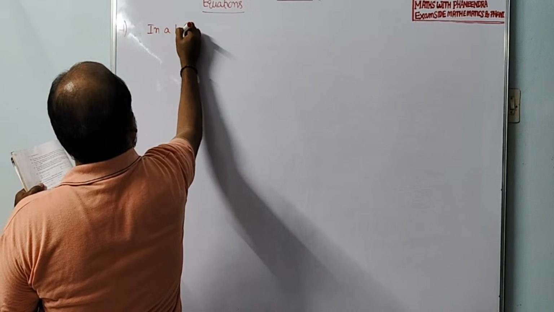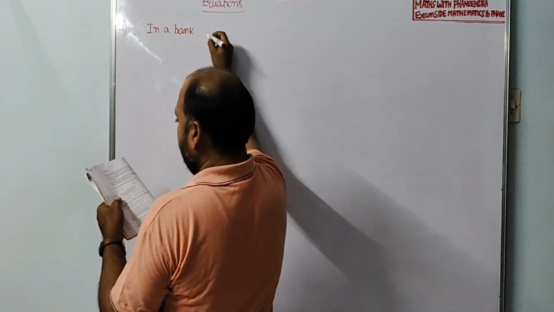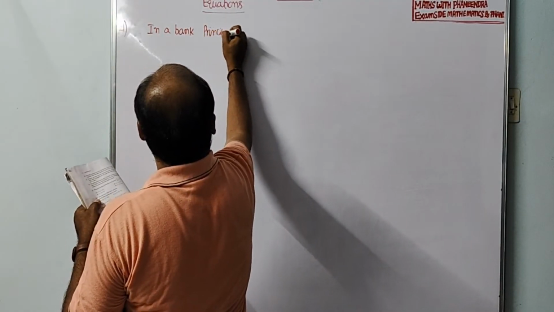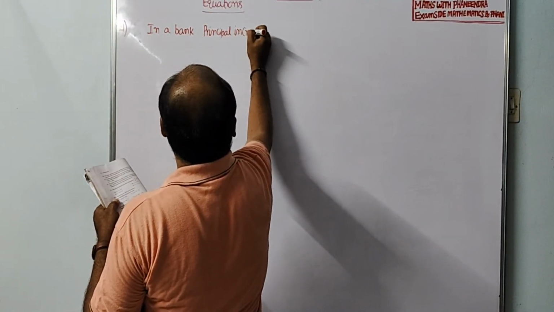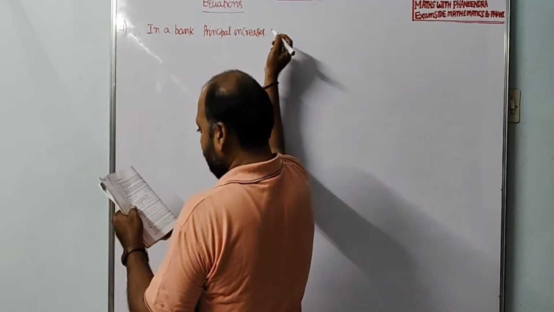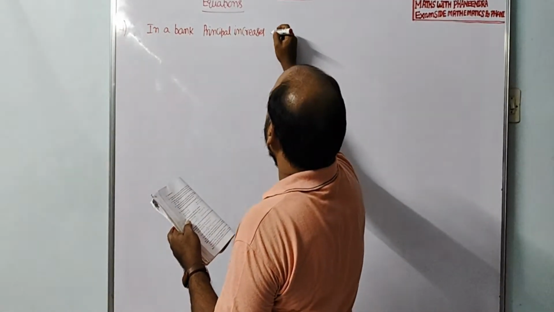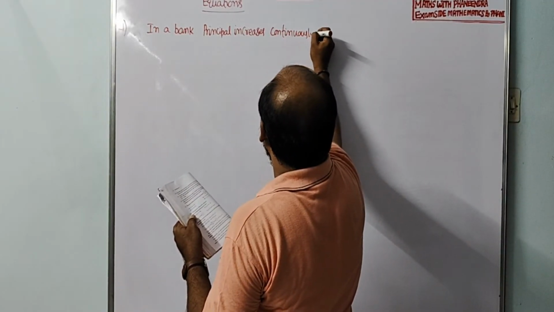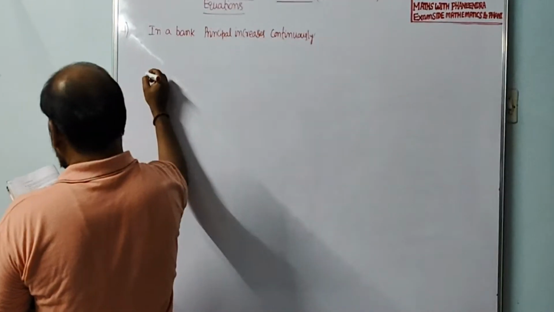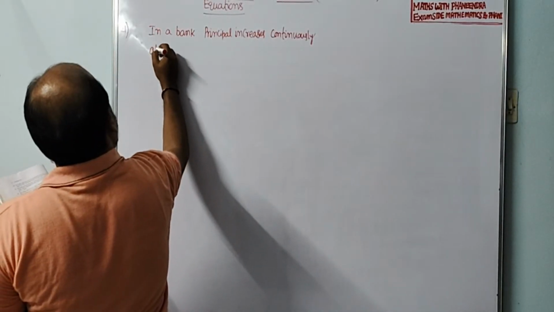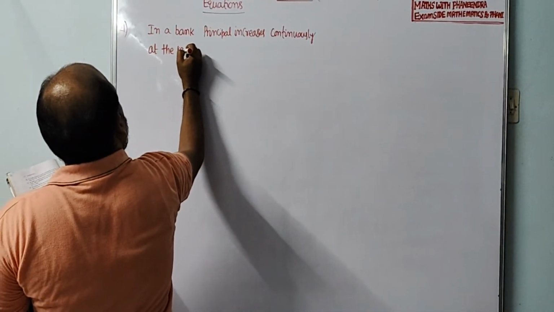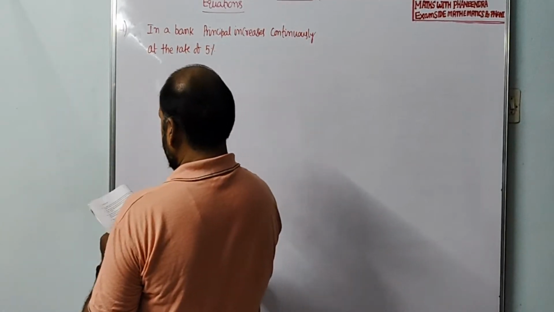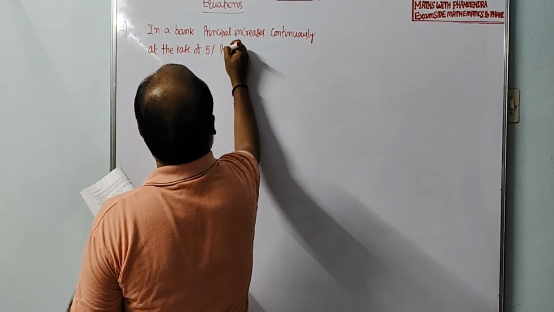In a bank, principal increases continuously at the rate of 5% per year.